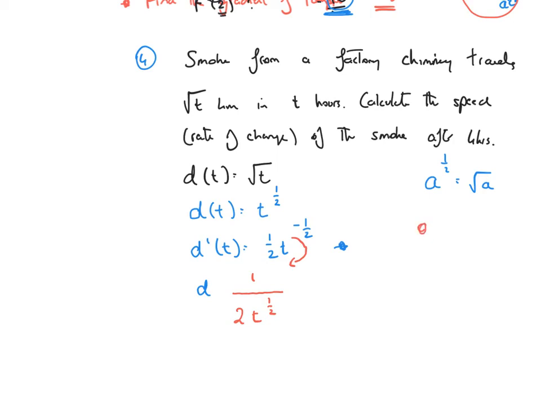Now if I then said to you, what's 9 to the half? And I said to you, what's the square root of 9? What one would you get quicker? It would probably be that one, even though they're both the same. So anything to the power half is a square root, but I'm now better writing it with the square root because that's easy to sub into. So t to the half can now be written as the square root of t.